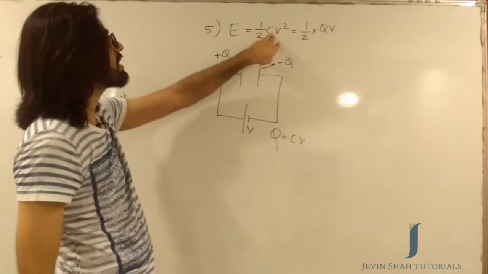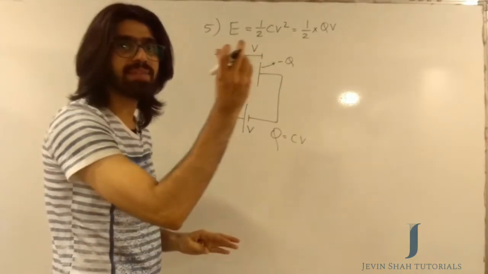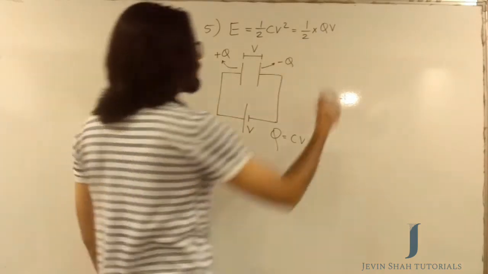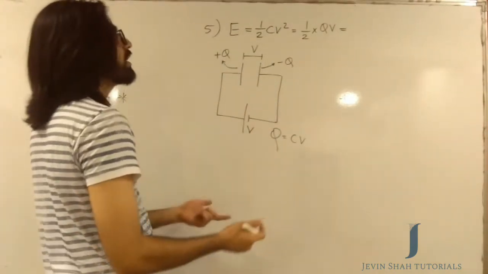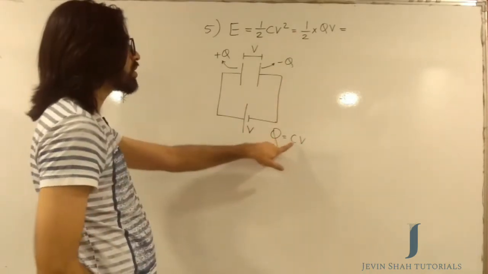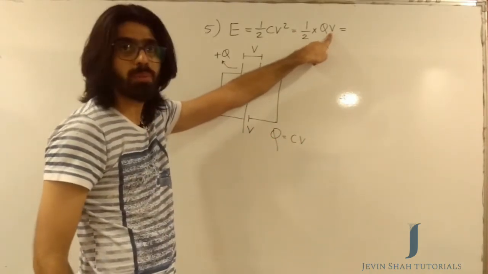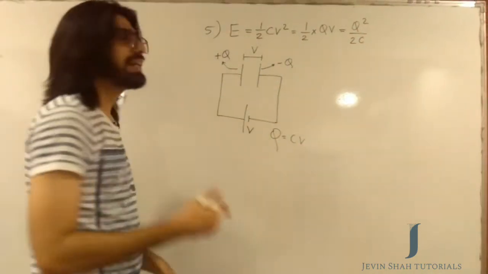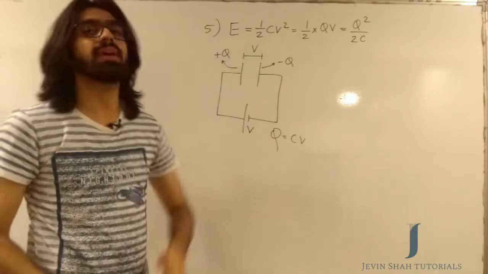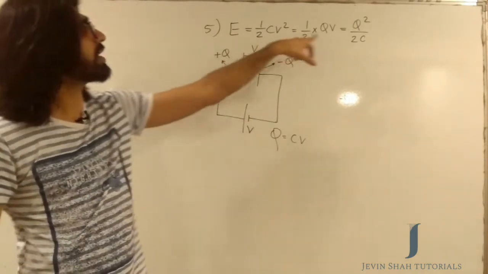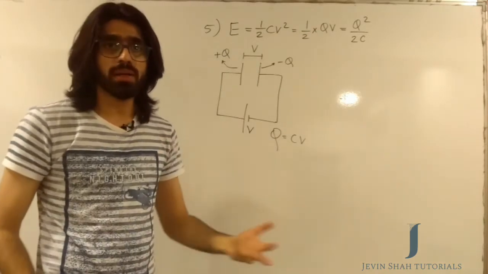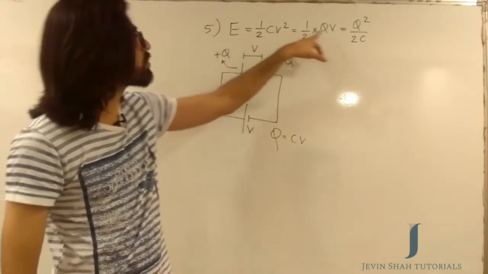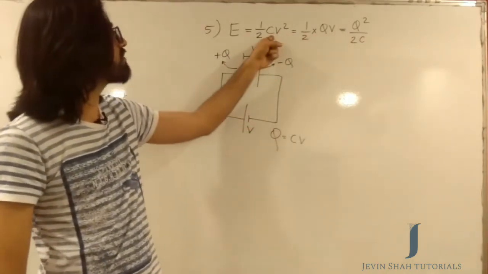Keep in mind I have written CV square as CV into V, and that CV is what I am replacing with Q. So we get half QV as the energy stored in the capacitor, which if we try to eliminate V, I can write V as Q upon C, and you get Q square upon 2C as yet another formula for energy stored inside the capacitor. So this is a formula that you need to remember, that is work done while charging a capacitor or energy stored in a capacitor is given by these ways. The most commonly used is half CV square.